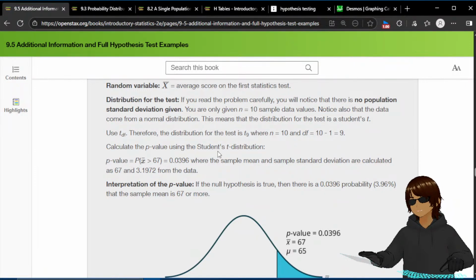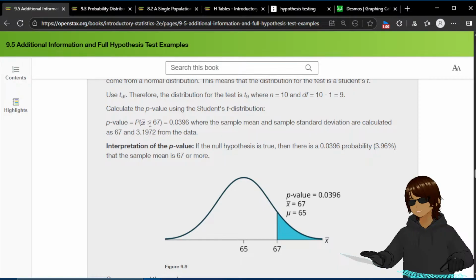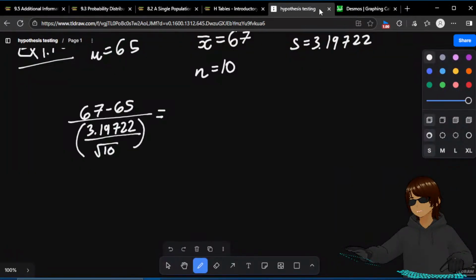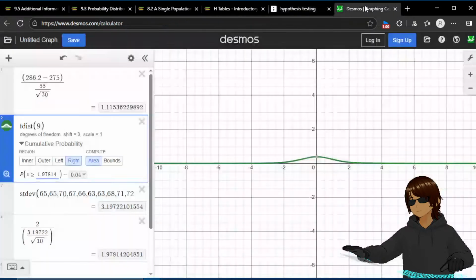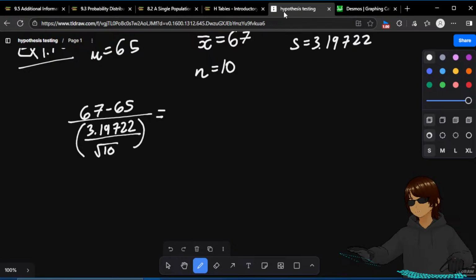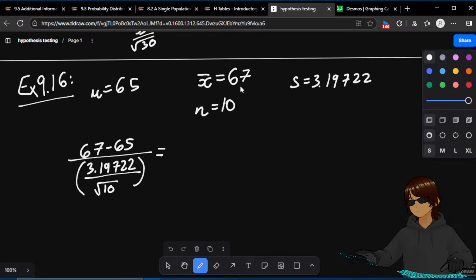Calculate the p-value using the Student's t distribution. So degrees of freedom is 9. The sample mean and standard deviation are calculated as 67 and 3.1972 from the data. I mean, yeah, but what do you mean? 67.